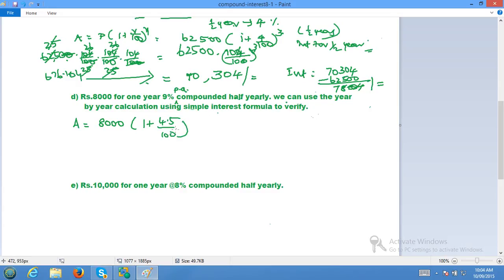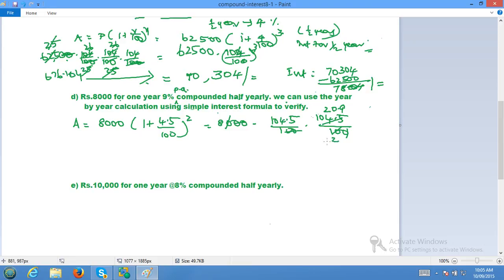4.5 divided by 100 to the power 2. Why? It is for 1 year only, 2 half years. So this equals 8,000 multiplied by 104.5 divided by 100, 104.5 divided by 100. You can cancel 2 zeros here. Try to cancel with 5: if you divide by 5, 2 fives are 10, 20.9.